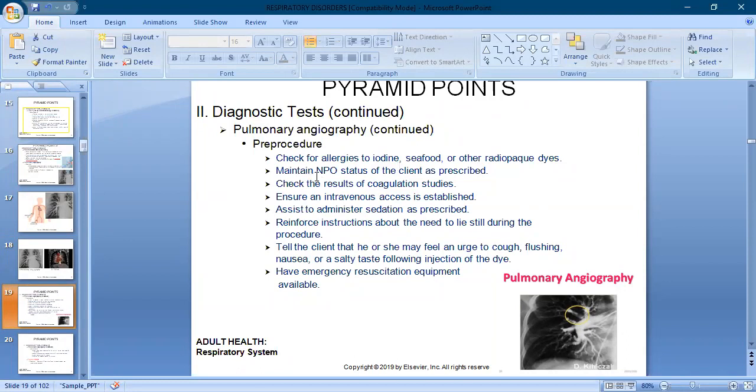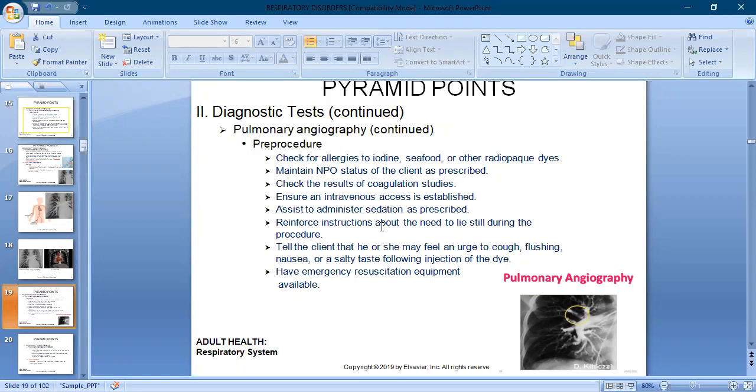Maintain the nothing by mouth status for the client as prescribed. Check the result of coagulation studies and ensure intravenous access is established, and also assist to administer sedation as prescribed.